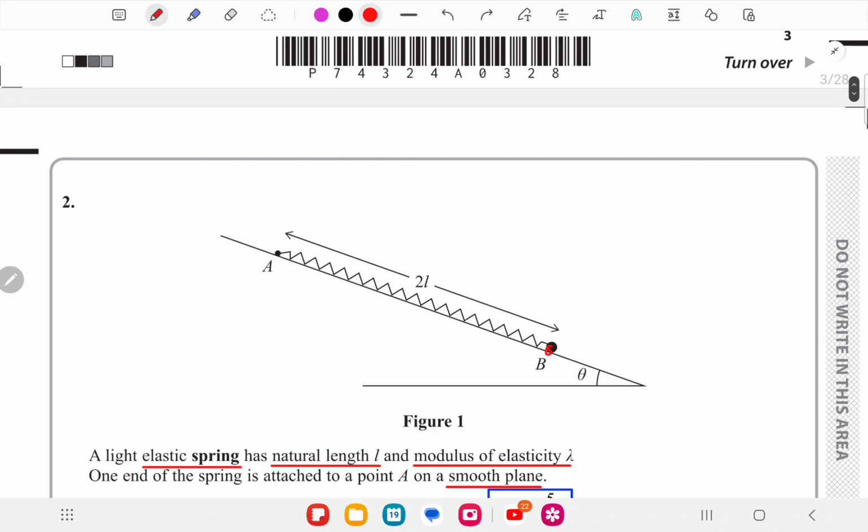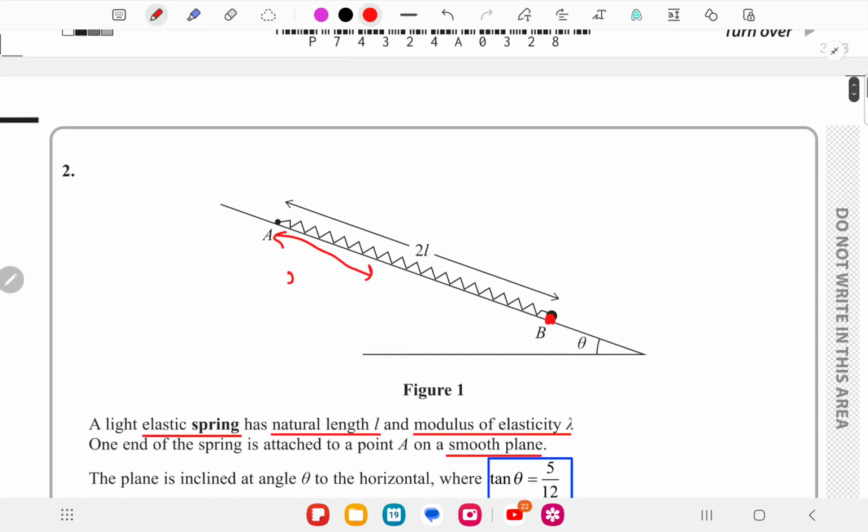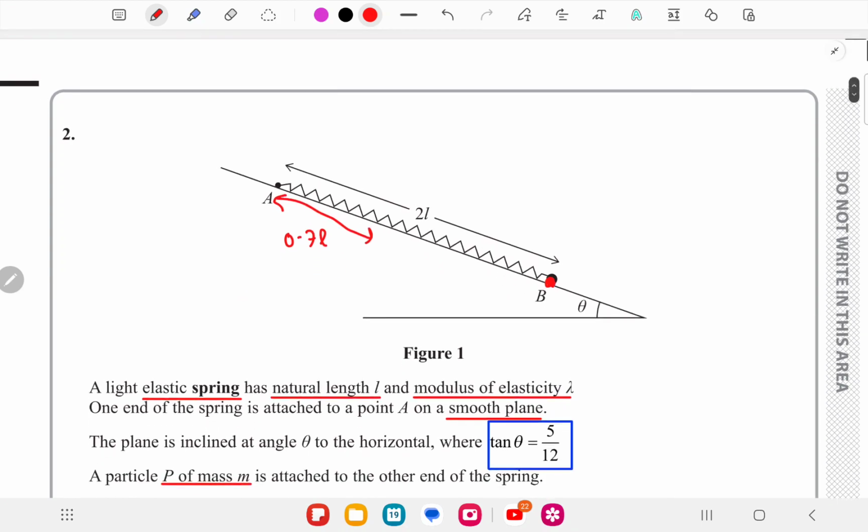At this point, the spring was extended, but when it's 0.7 L, the spring is compressed. If this was a string, it would have no elastic potential energy when it was compressed, but as it is a spring, it will have elastic potential energy when it's compressed as well. So when it's compressed like this, its compression would be the natural length minus its actual length right now. So the compression would be 0.3 L.